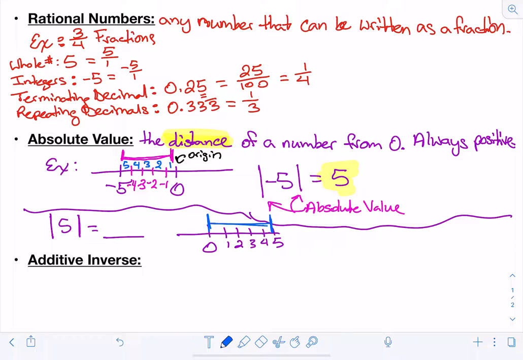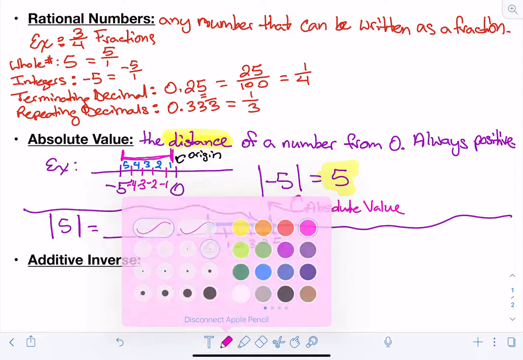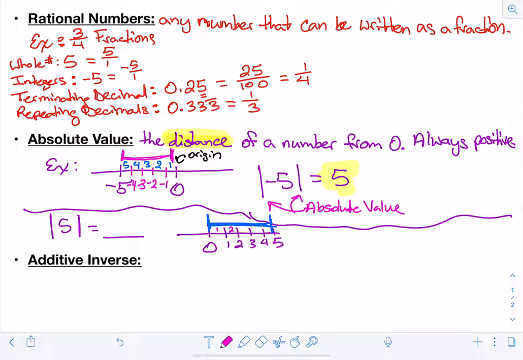It's how many spaces, what the distance is between the two. So if I was going to count those out, it would be 1, 2, 3, 4, 5. There's 5 spaces between the origin 0 and the number 5. So that means the absolute value of positive 5 is 5.